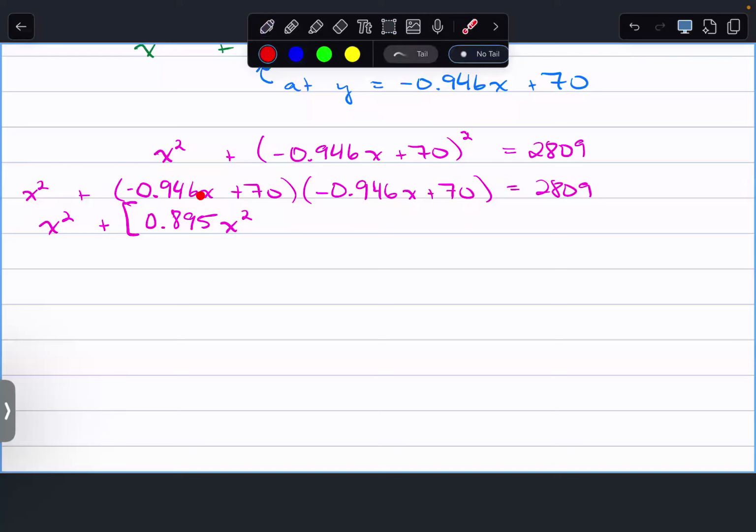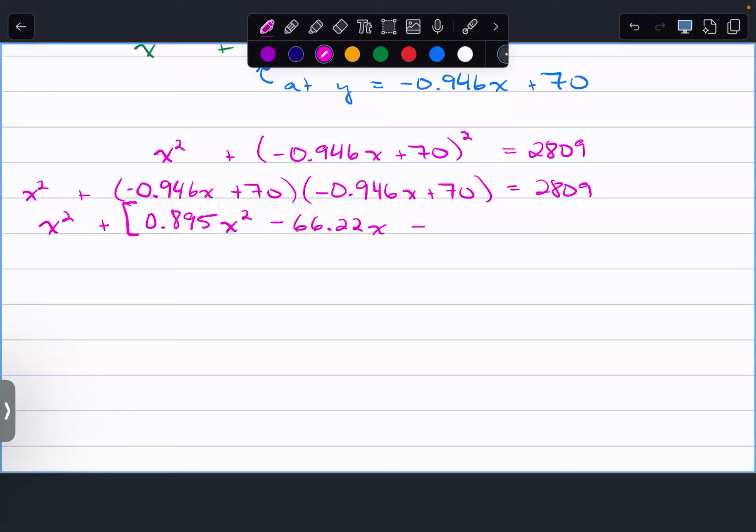Negative 0.946x times 70 puts me at, oops, negative 66.22x. Same thing again, different order.